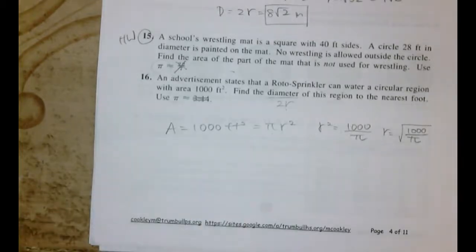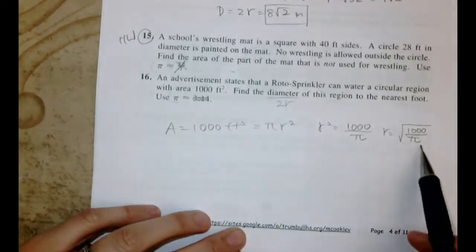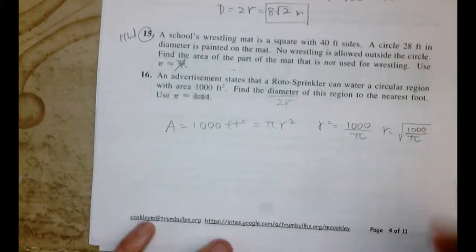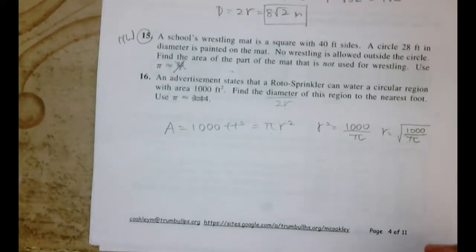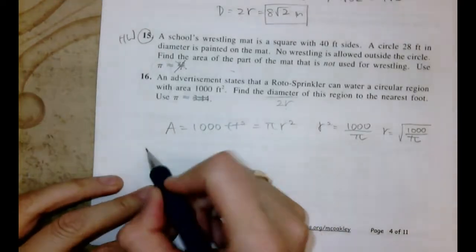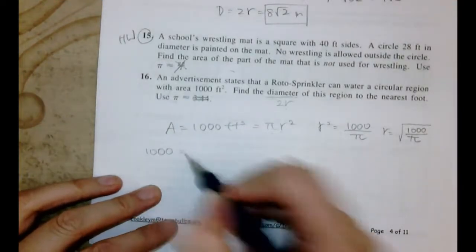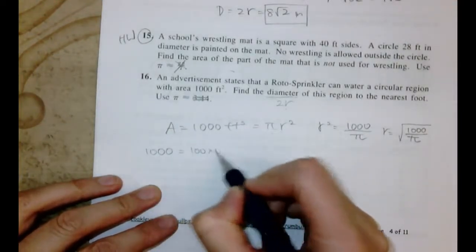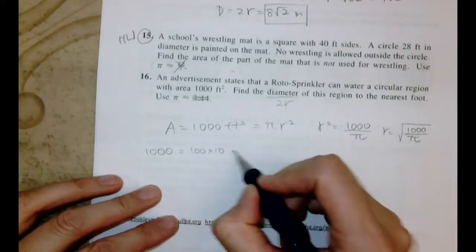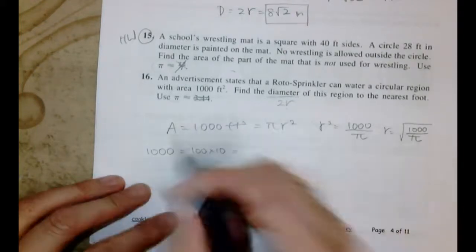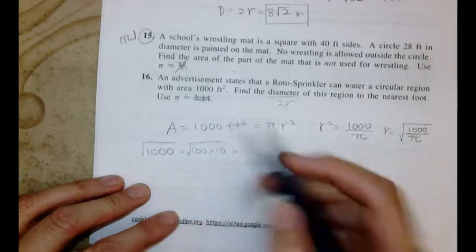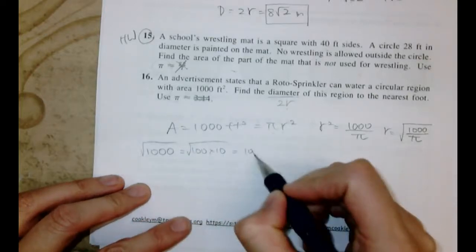So r is the square root of 1,000 over pi. Okay, and then you want to make it times 2. Okay, so we're going to clean this up. All right, so 1,000 is 100 times 10, right? So the square root of 1,000 is the square root of 100 times 10. So that's 10 root 10.